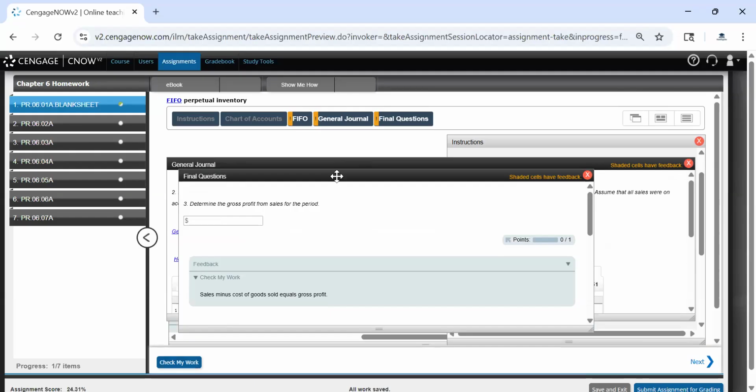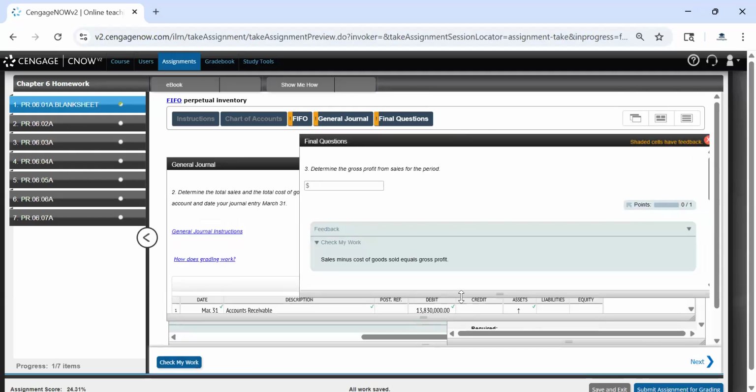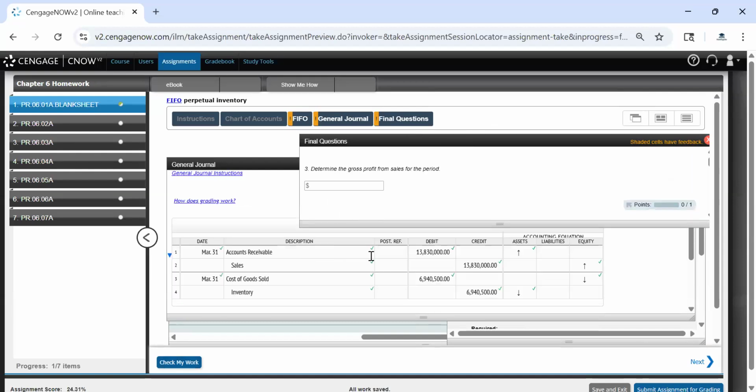Now for our final question, what is the gross profit from sales for the period? Well, gross profit is sales minus cost of goods sold. So $13,830,000 minus $6,940,500 brings our gross profit for the period to $6,889,500.